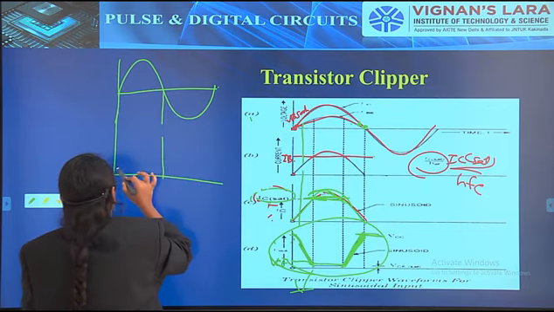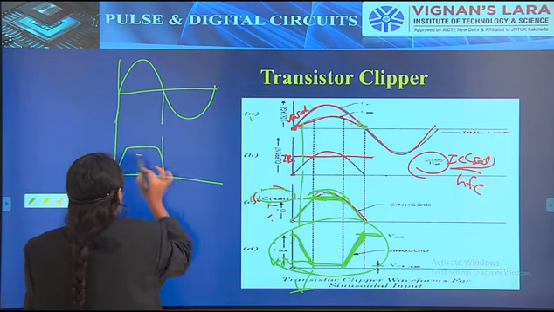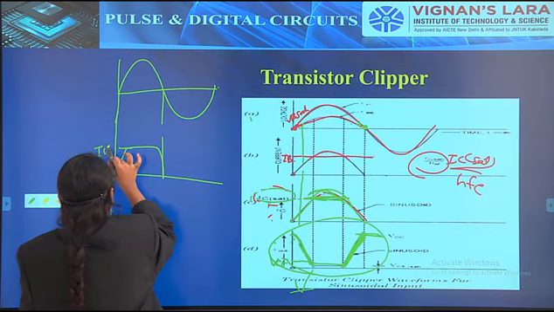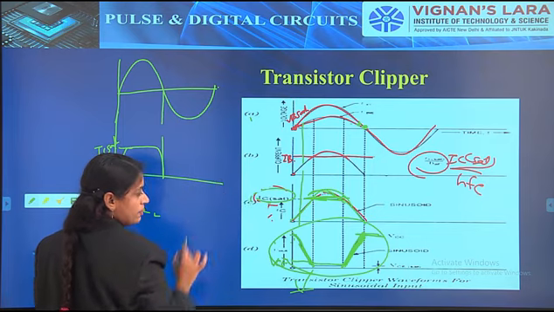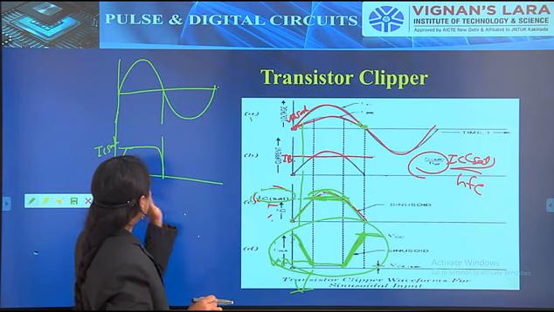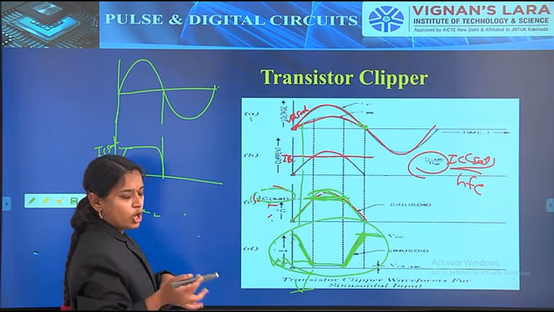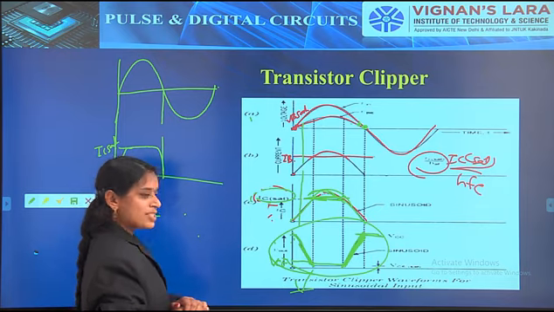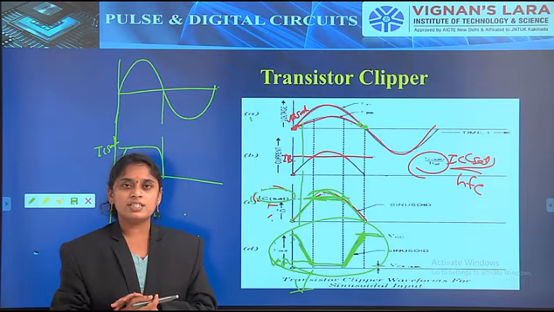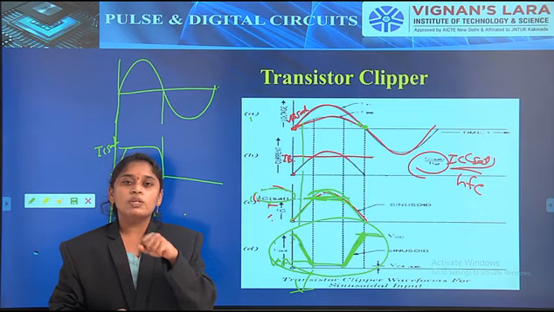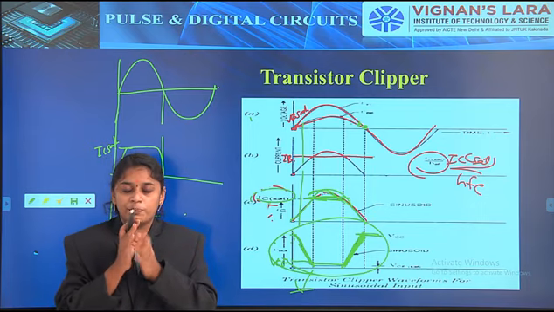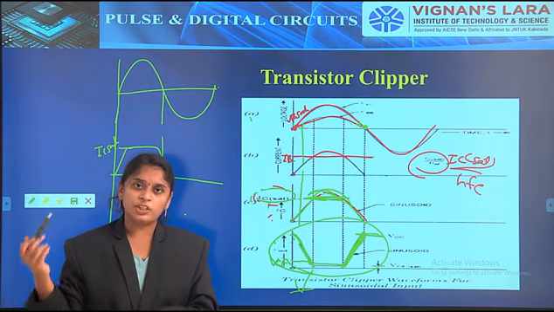So this is the IC sat, and this negative part will be clipped. Simply we can say that this is the negative clipper, and above IC sat the signal is also clipped. As we said in the previous sessions, a clipper clips based upon the reference level.